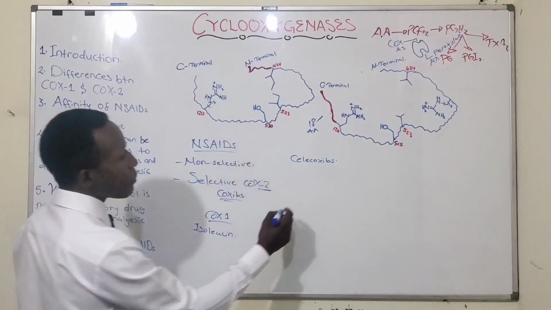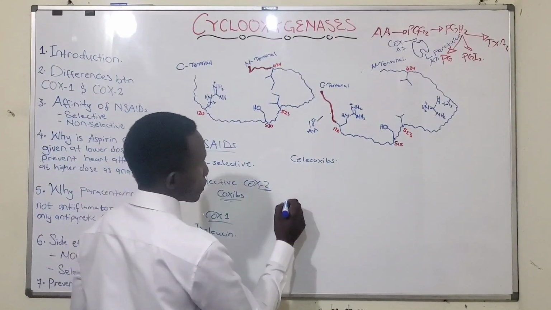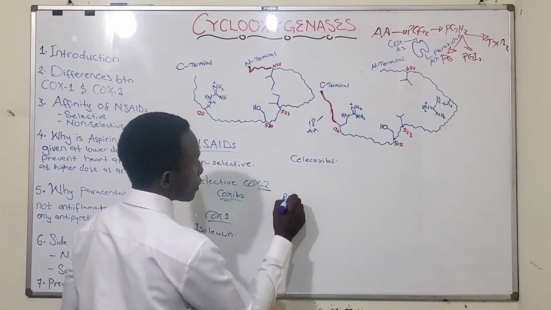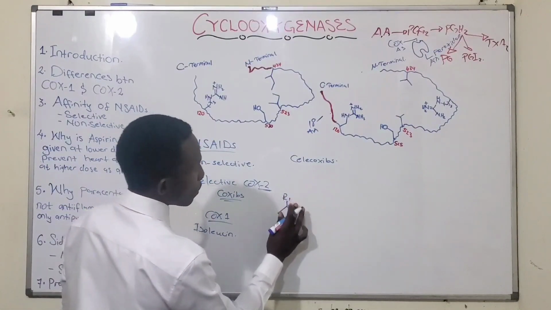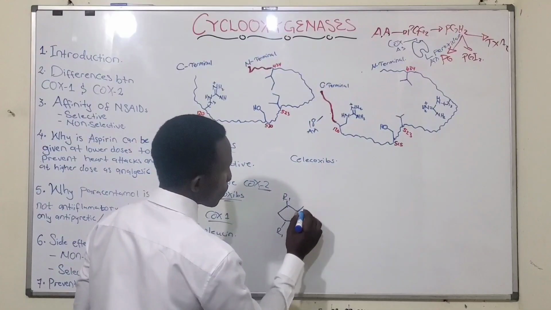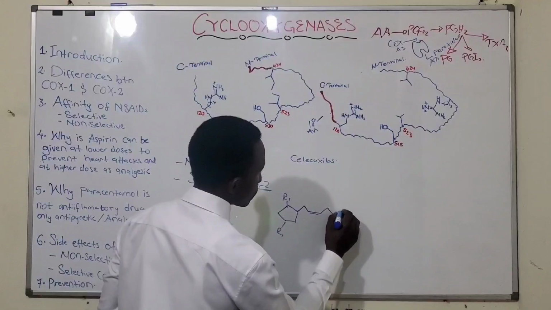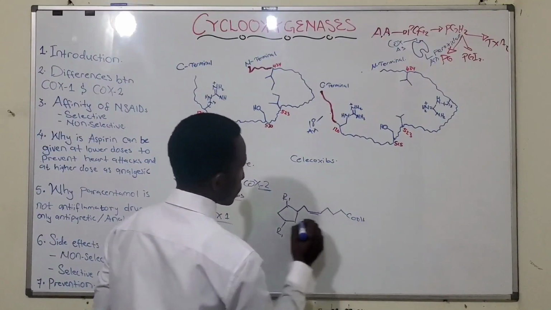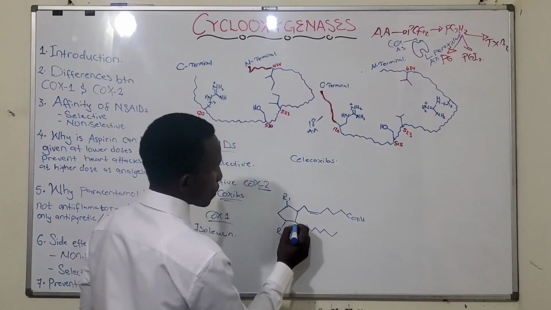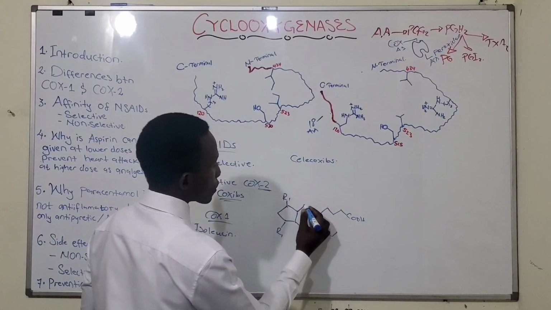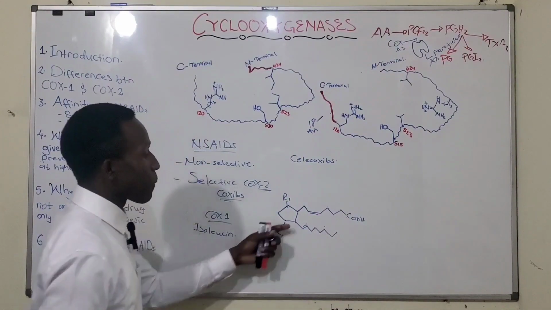And the carboxyl group, remember their structures, the prostaglandins and the arachidonic acid. We have this, which has 20 carbons.